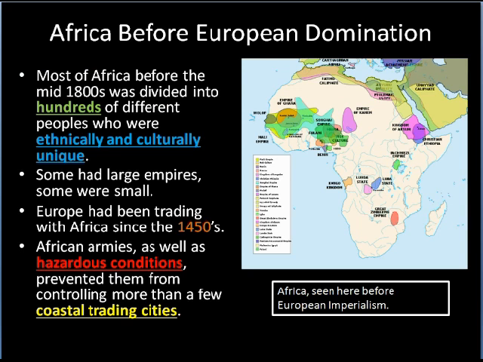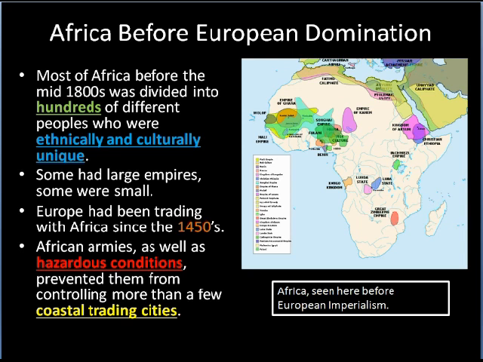All right. Now, before we talk about the actual cutting up of Africa, the scramble itself, I think it would be good for us to talk about what Africa is like before European domination. Now, before Europeans become heavily involved in Africa, most of Africa before the 1800s, that is, was divided into hundreds, if not thousands, of different peoples who are very ethnically and culturally unique.